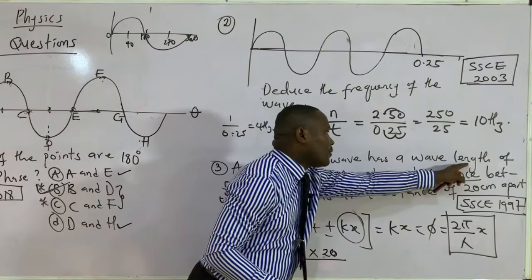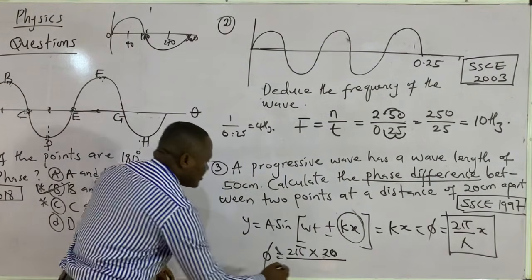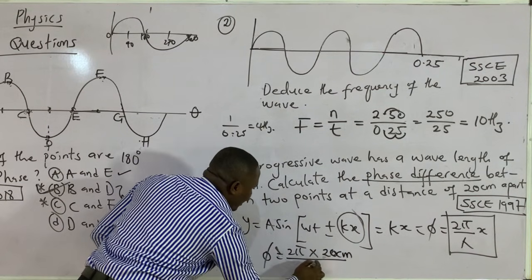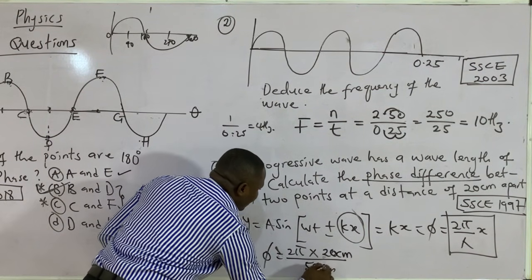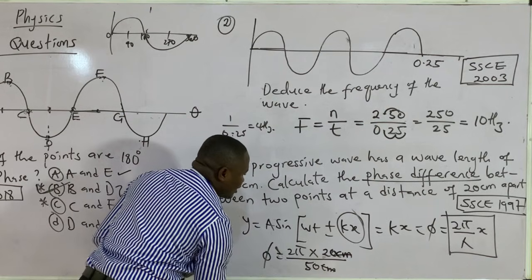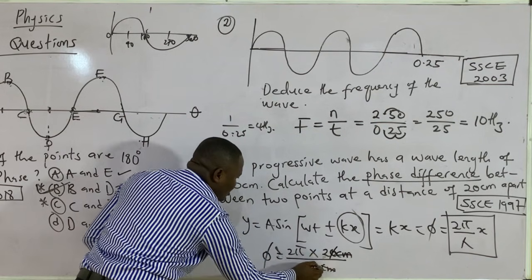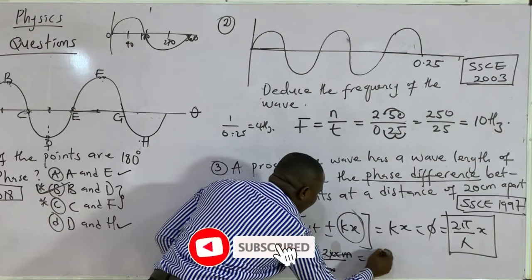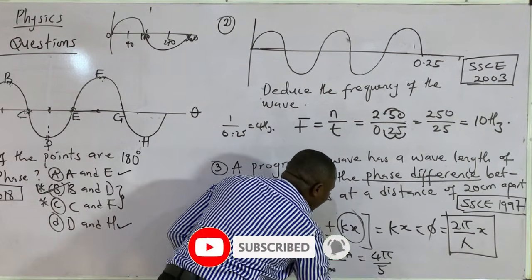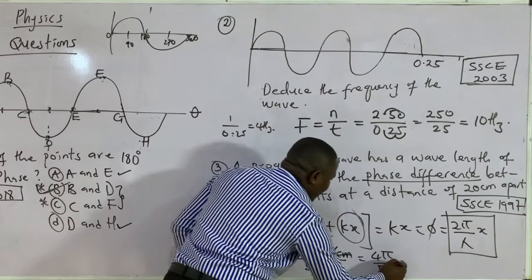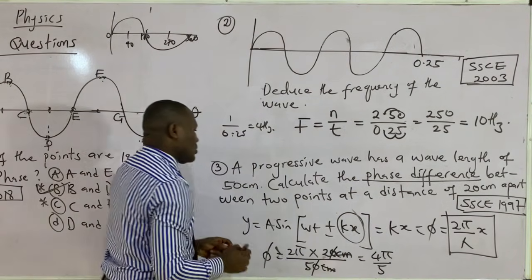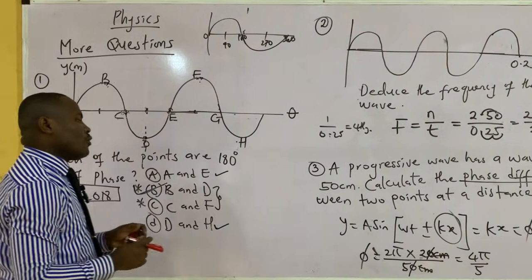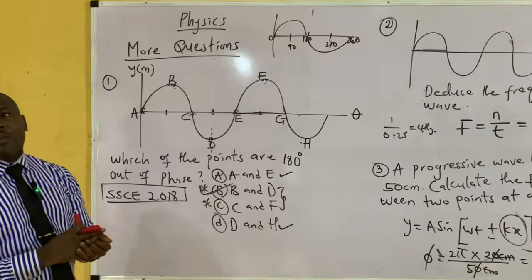The wavelength of the question is 50 centimeters. Depending on the options you have, I could have converted to meters, but because it's centimeters, I could just let it fly. Centimeter takes off centimeter, and 0 takes off 0, and my answer will be 4 pi over 5. That's how it was in the question that was given. So 4 pi over 5 is the correct answer. Thank you.